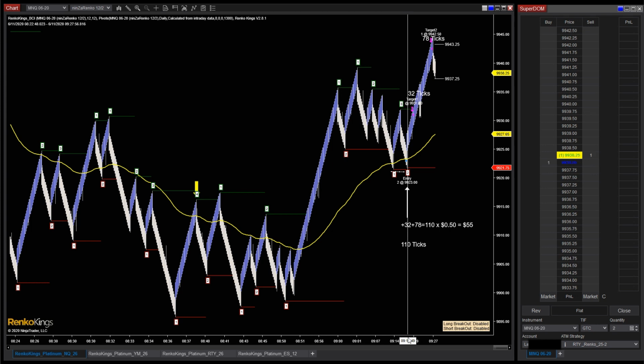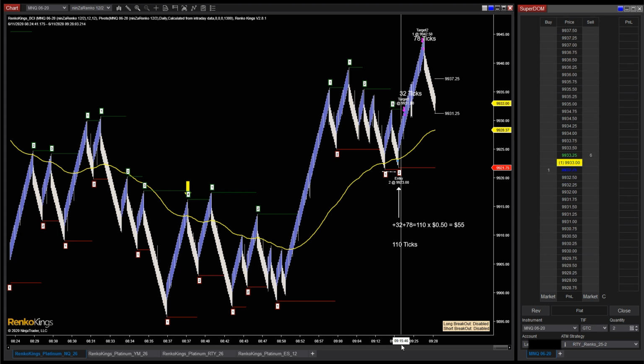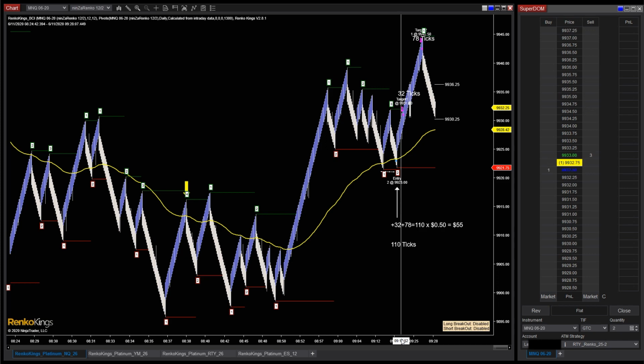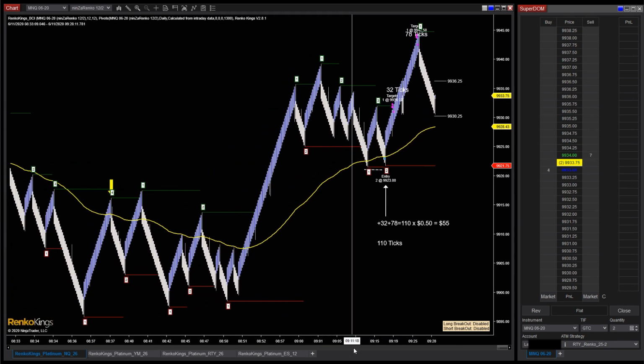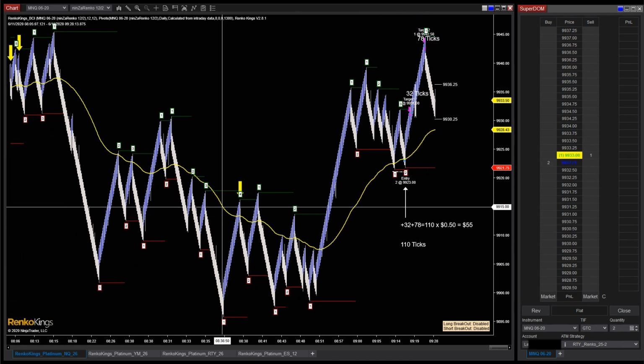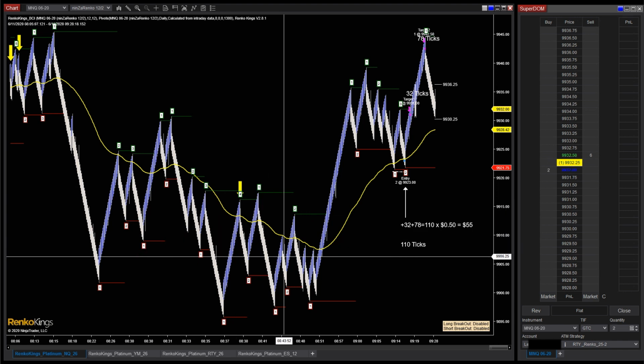Okay, so let's talk about this for a second though. Okay guys, let's review the logic that was put into this trade. We had all of this price action below the trend line, right?